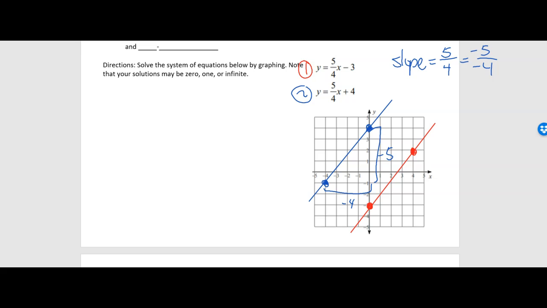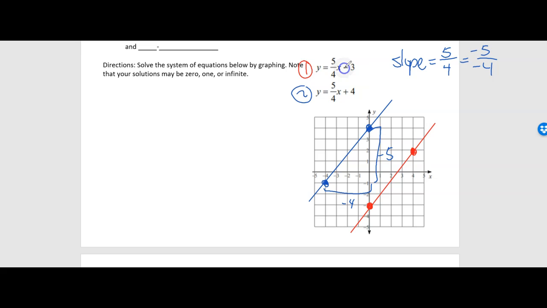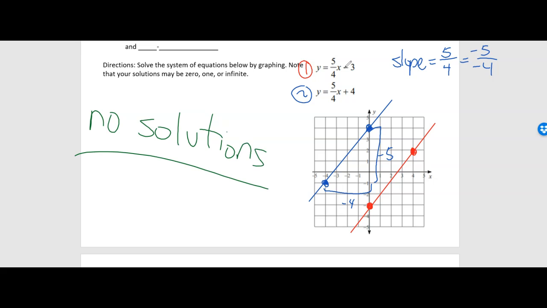And you'll notice that these lines are parallel, so they're never going to intersect, which means they have no solutions. And that would be our answer. No solutions. They never intersect. And we wouldn't actually have to graph these out, right?